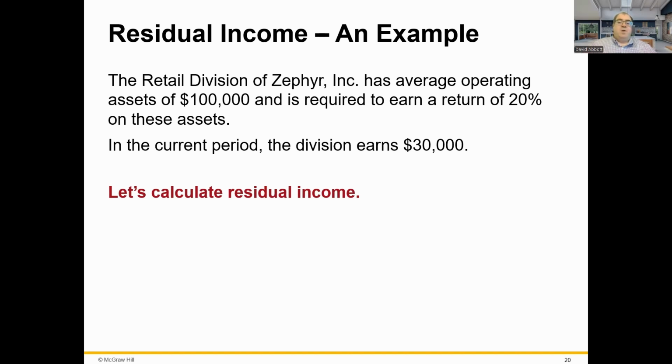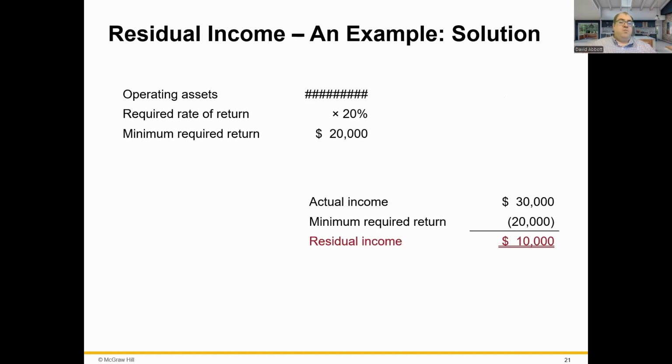And so in the current period, the division earns $30,000. What would be the residual income? And so again, we're going to figure out then that the residual income is 10,000. That is computed by subtracting the minimum return, which is 20,000, from the actual income, which is 30,000.